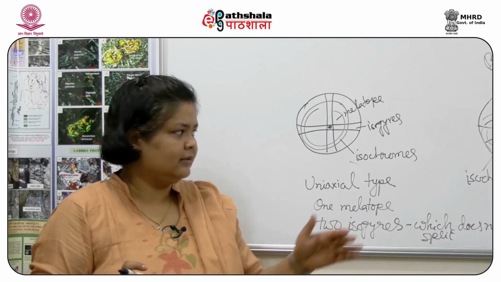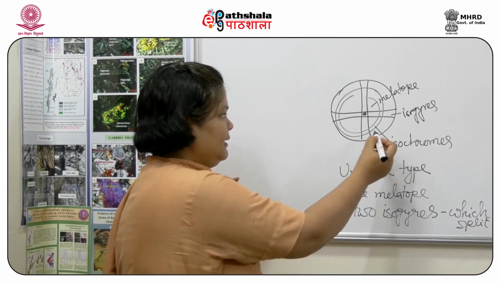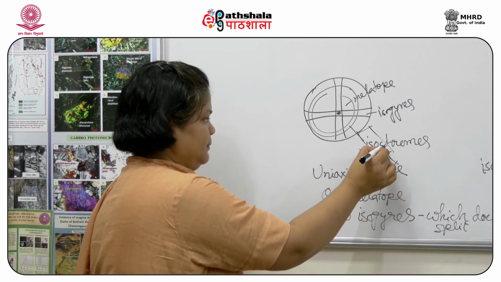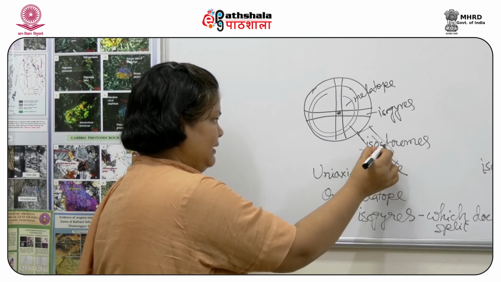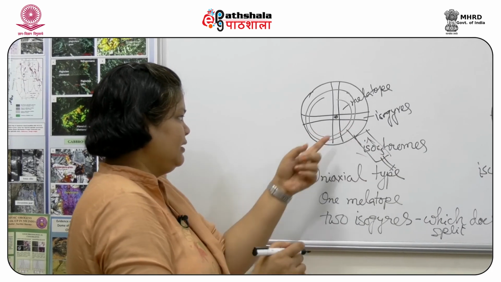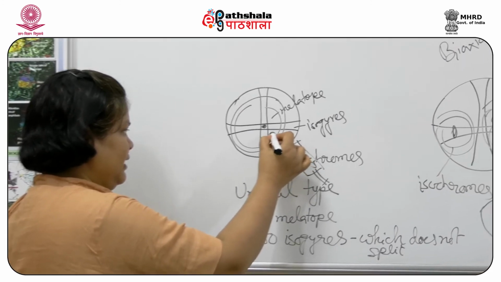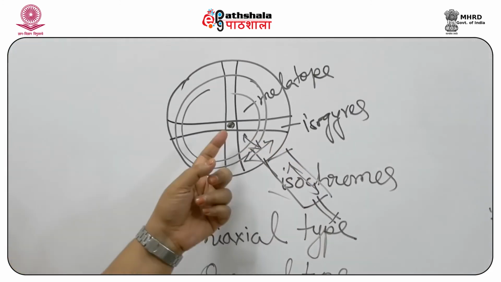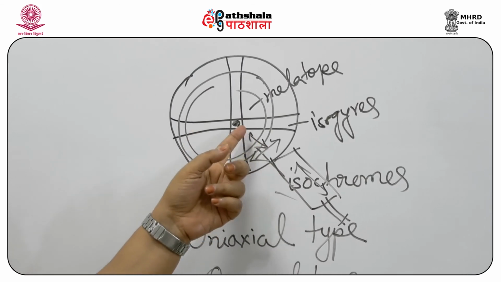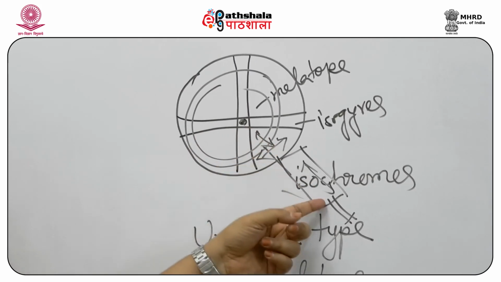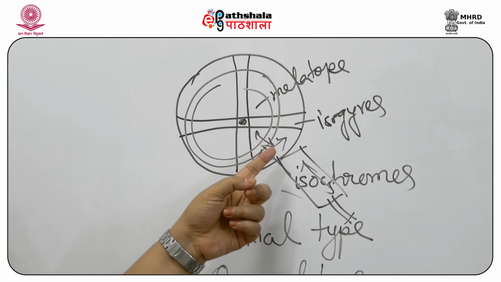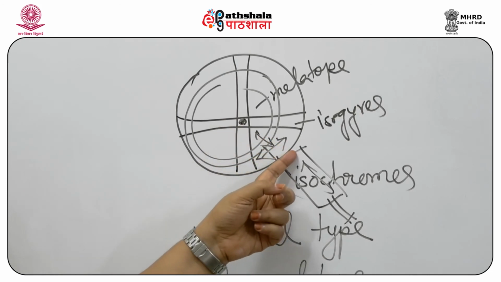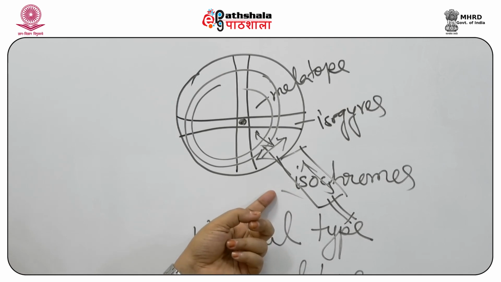So if we have this kind of figure and we insert the accessory plate where the length is fast, we have the extraordinary ray vibrating like this and the ordinary ray vibrating like this. As such, depending on whether there is addition or subtraction of color, we can find out whether the E ray is faster or the O ray is faster, and we can determine the optic sign.